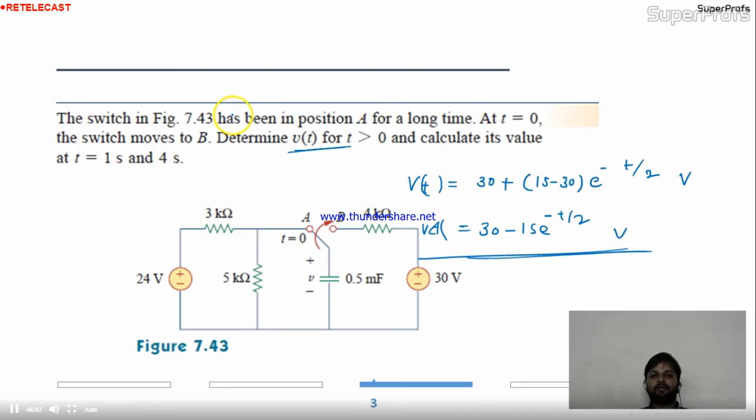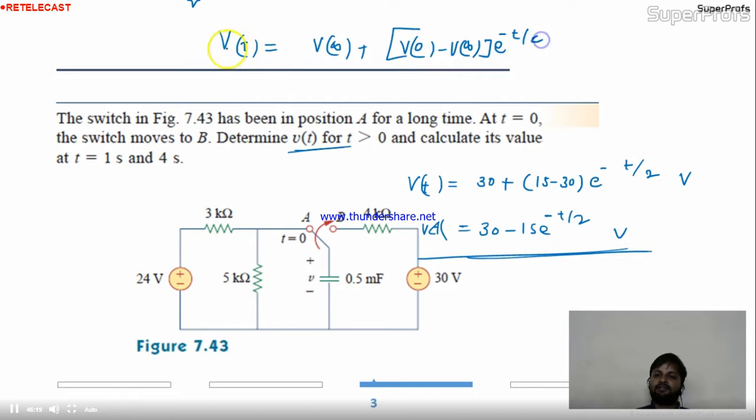So friends, if you remember this formula, again and again I'm writing this, Vt is nothing but V infinity plus (V0 minus V infinity) e to the power minus t by tau. This is the formula for the voltage across the capacitor. And if you have these three values, you can easily calculate the Vt. Okay? So this is all about it.